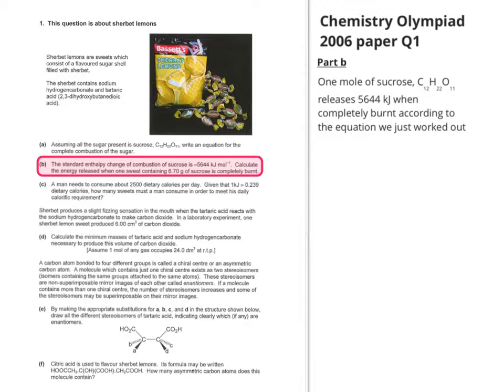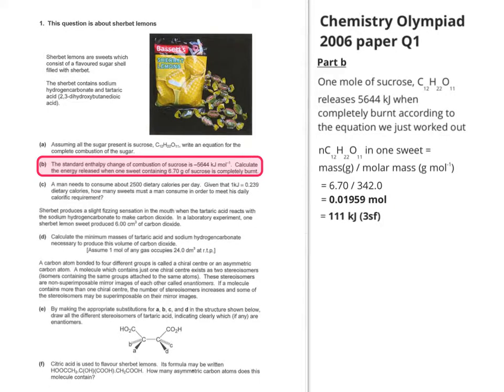They want us to calculate the energy released when one sweet containing 6.70 grams of sucrose is completely burnt. So we need to get 6.70 divided by the molar mass of sucrose. That gives us 0.01959 moles, which in turn is 111 kilojoules, rounded to 3 significant figures.